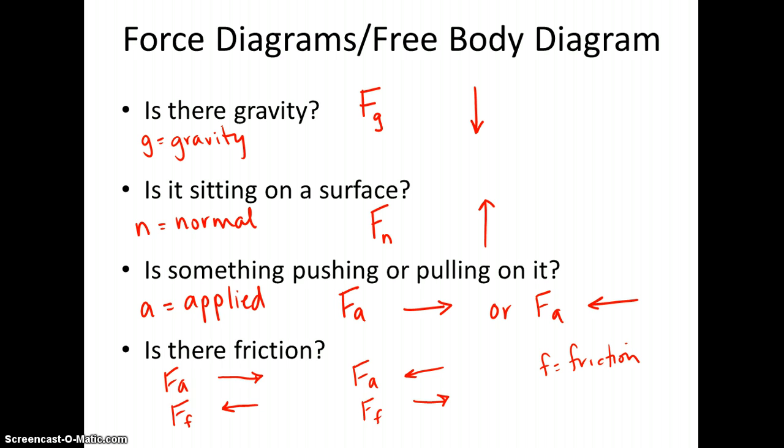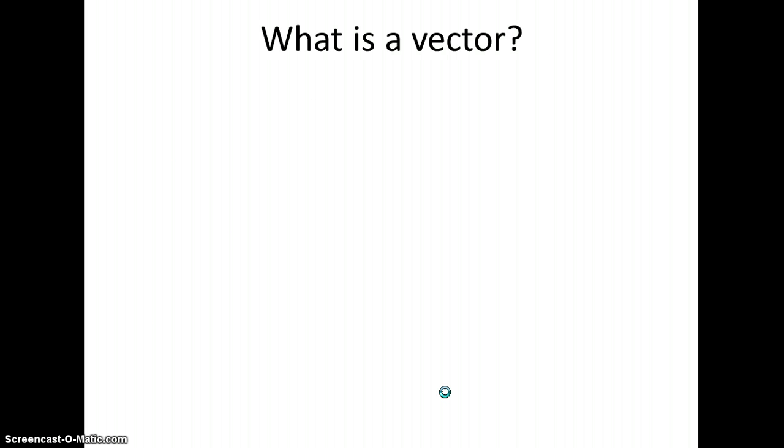So let's actually use this as an example, okay? But before we do that, let's talk a little bit about what a vector is. So I've been drawing arrows, and essentially what I've been doing is I've been drawing a vector. A vector is simply an arrow, but it's a unique arrow because, one, it shows direction of force.